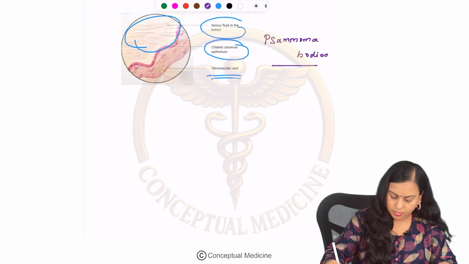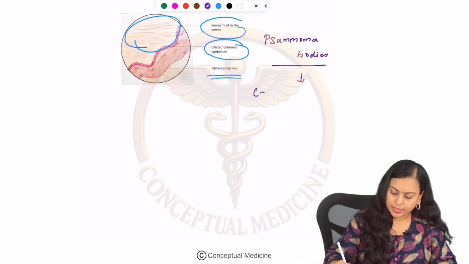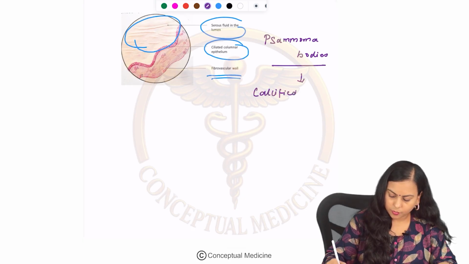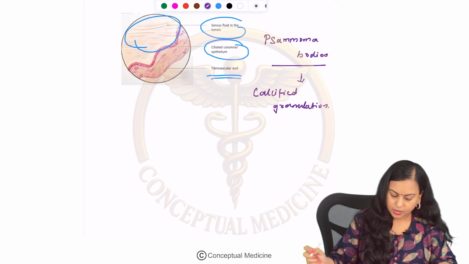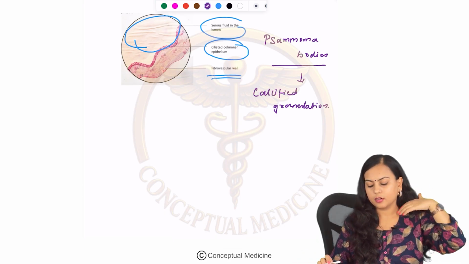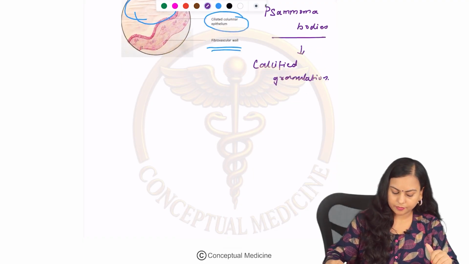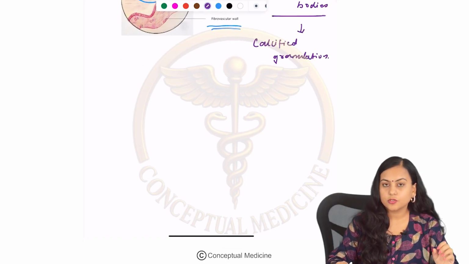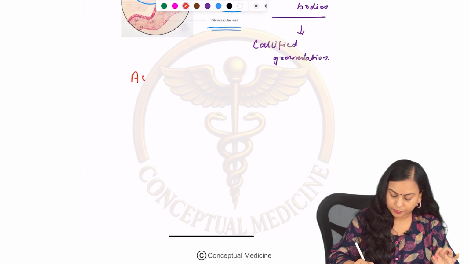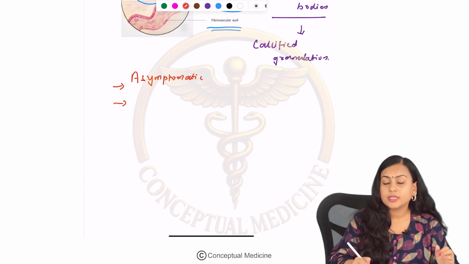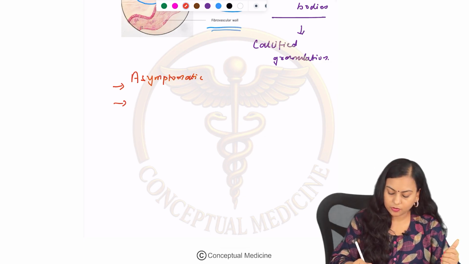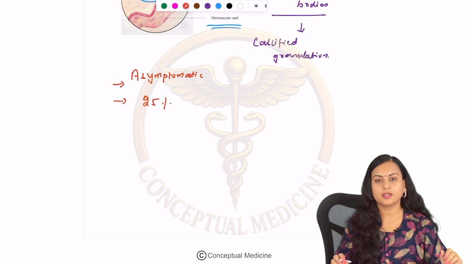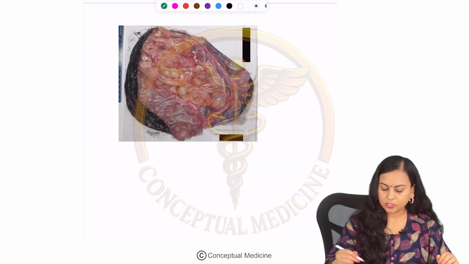Okay, psammoma bodies are nothing but areas of calcified granulation or granuloma, which are the end products of the papillary implants that are seen, right? And these tumors are mostly asymptomatic, and they are mostly found as an incidental finding, and the chance of developing malignancy in these patients is about 25%. Is that clear?